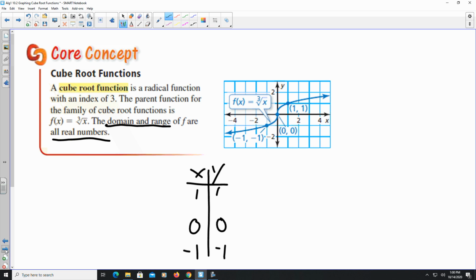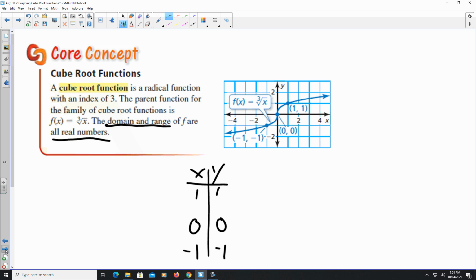What I would like you to keep in mind is where the graph is located for this function. It starts off in quadrant 3, and then it goes upward with a curvature. It's not a line, it has a curvature similar to our square root function.